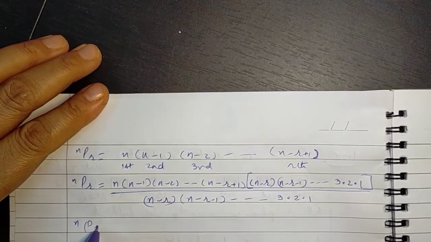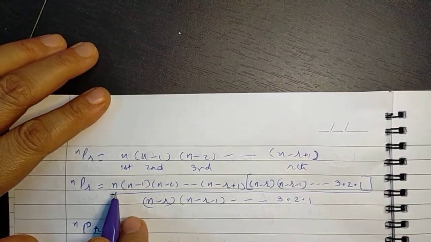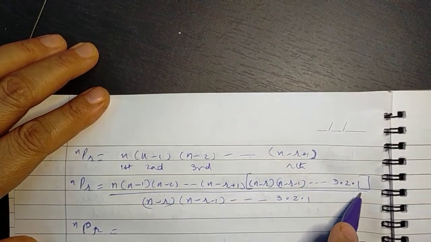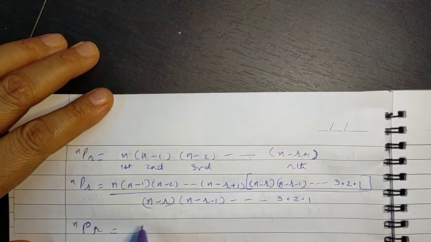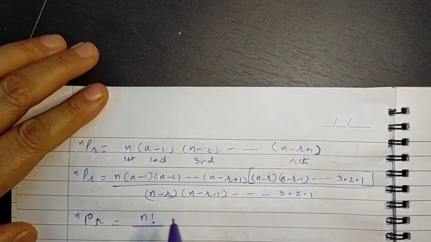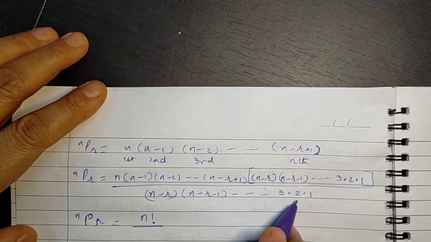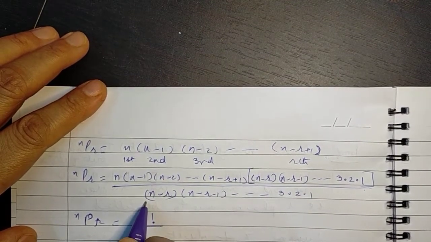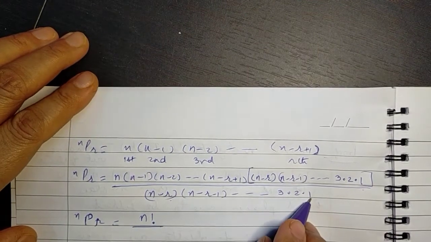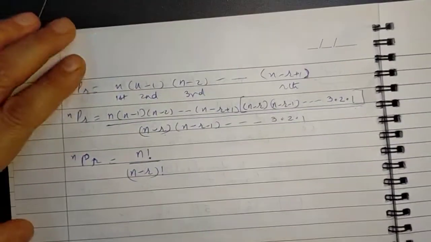Now if we observe carefully, the numerator is nothing but the product of all consecutive natural numbers starting from n and ending at 1, which is n factorial. In the same way, the denominator is the product of consecutive natural numbers starting with n minus r and ending at 1, which is (n minus r) factorial.